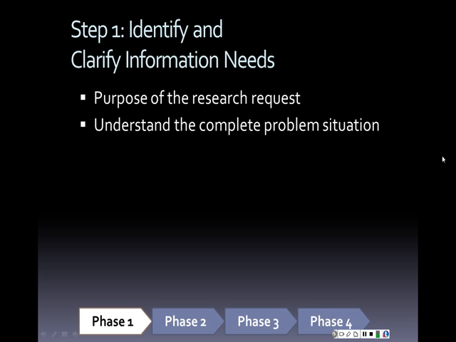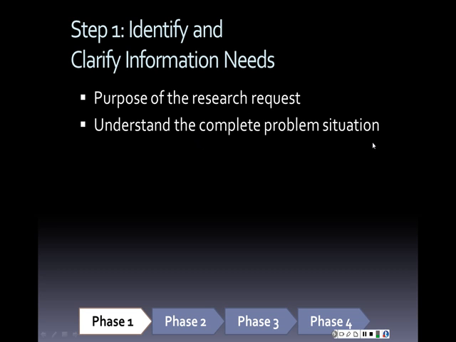Next is understanding the complete problem situation. Let's think back to the grill research that we talked about the other day. The complete problem situation would be understanding the fact that sales have been pretty stagnant with grills, that there's been a lot of pressure from the retailers to design the grills in a way to make them easy to transport and to pack and maybe to assemble in the store, but there really hasn't been sufficient focus on customer needs.